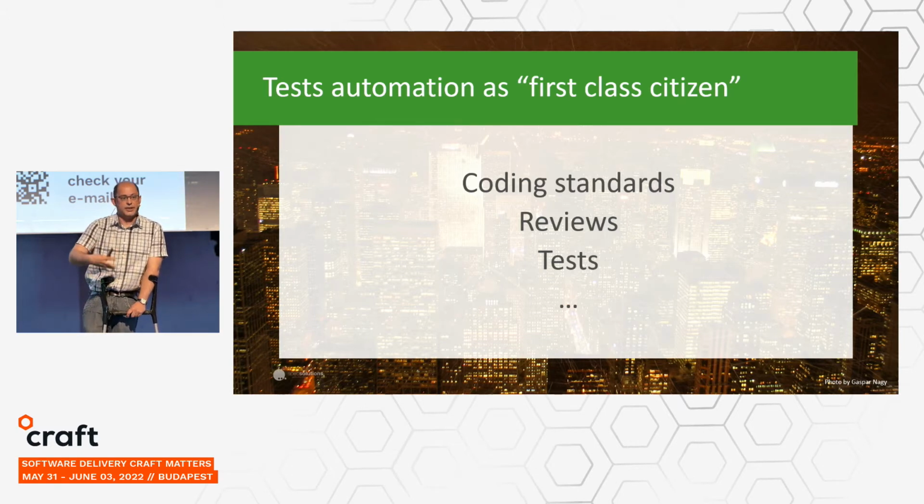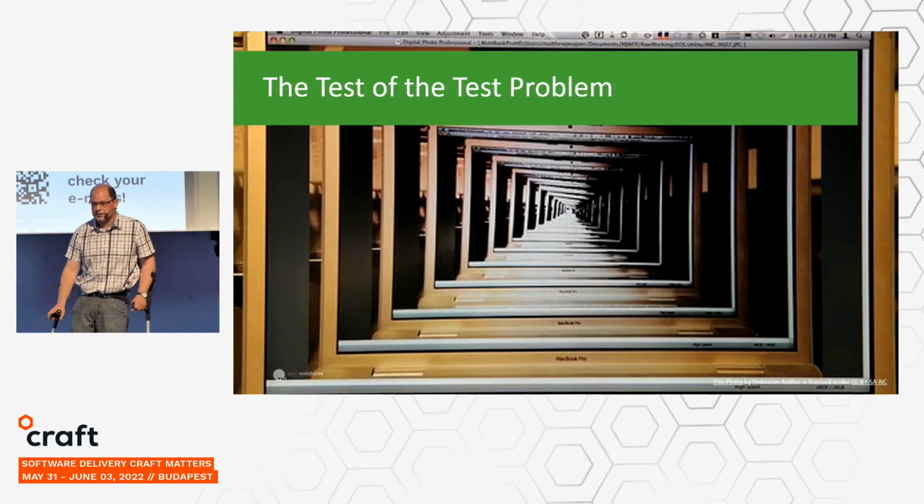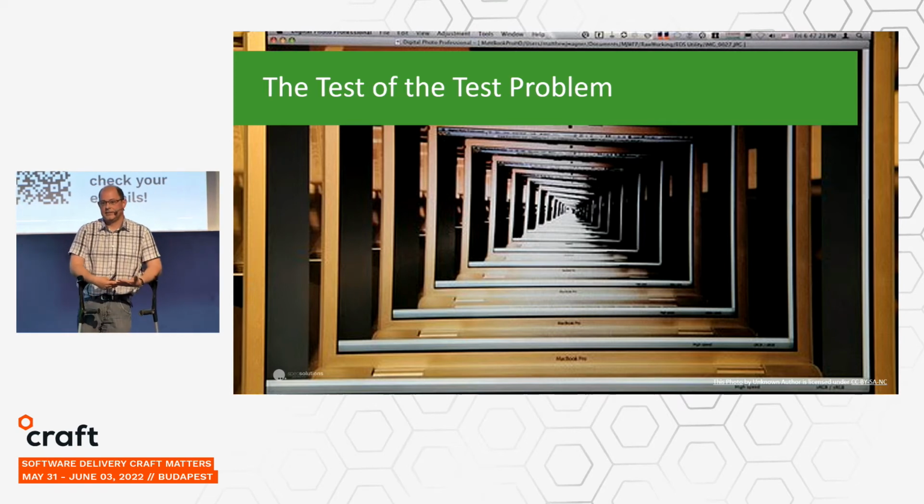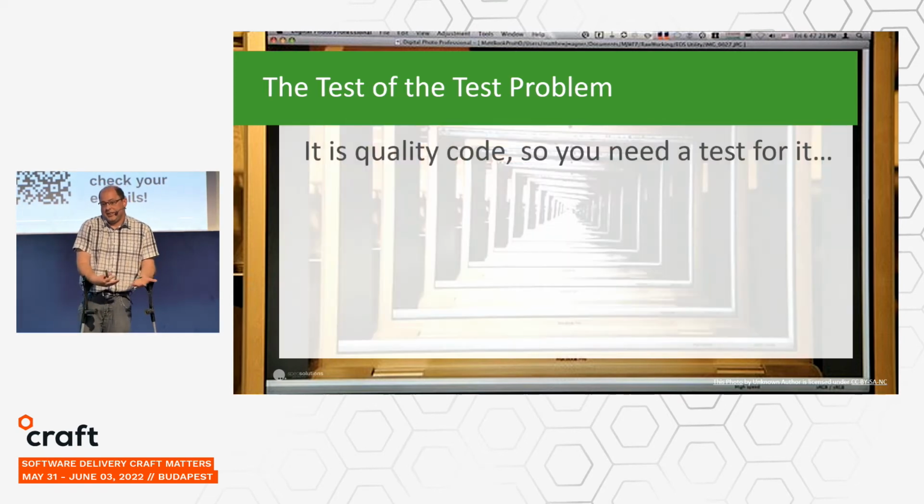So all of these things we would need to apply to test automation code as well if we really want to say that this is a first-class citizen. And that sometimes runs into some interesting problems, like how we want to test the tests, right? Because if you say that this is a first-class citizen, that means that we need to make a test for the test.